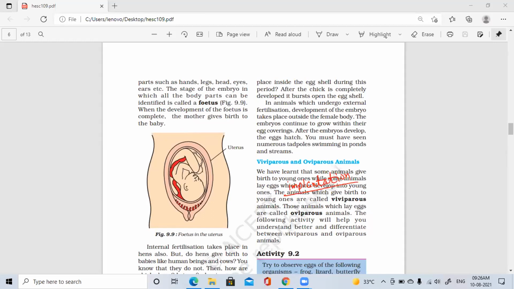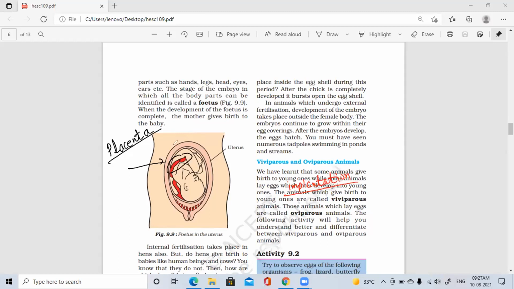Now in the fetus, you can see the red color structure. That is called placenta. The placenta is attached to the uterus by a special structure.